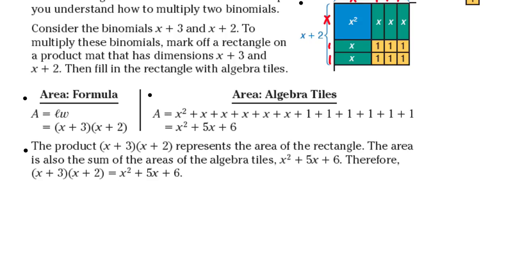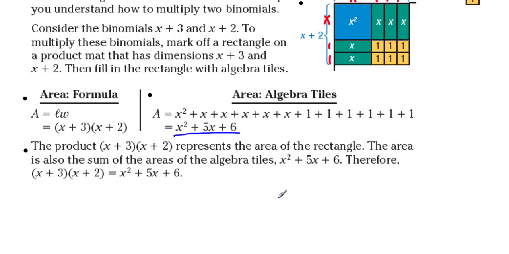So what it's simply saying is that if we use the algebra tiles and we let x plus 3 become the length and x plus 2 become the width, we simply create a rectangle and we get this area.